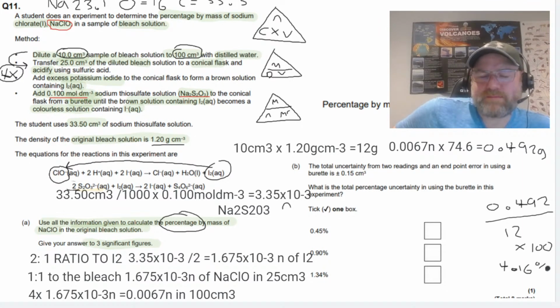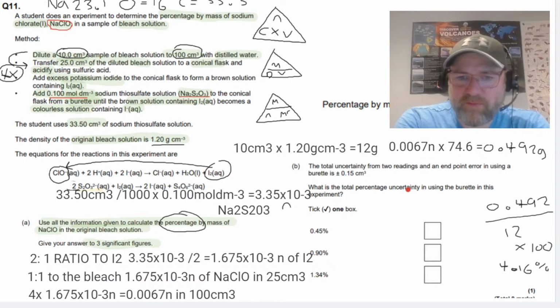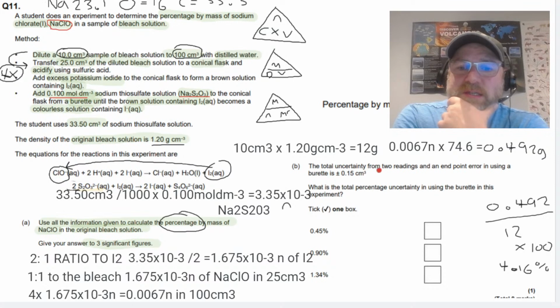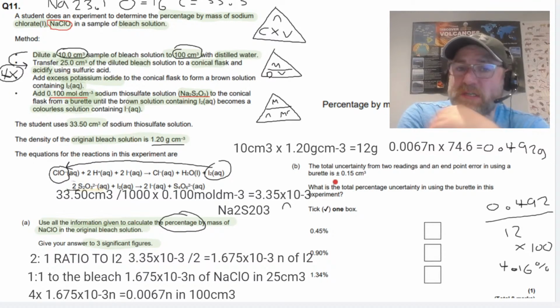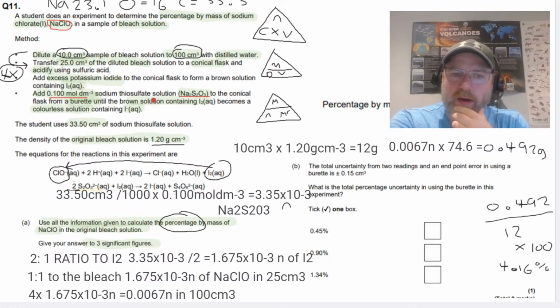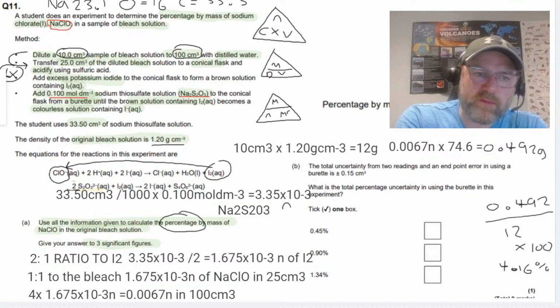Okay. Cool. Do I want to do this next bit? I've written all over it, so we can't even really read it. It says the total uncertainty from the 2 readings and the endpoint error in using a burette. So they're talking about the burette. Now, they used the burette down here. What did they use the burette for? Well, this is our result from the burette.